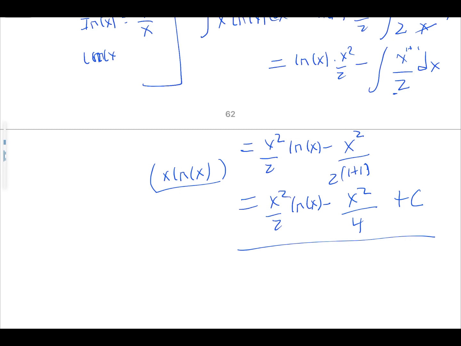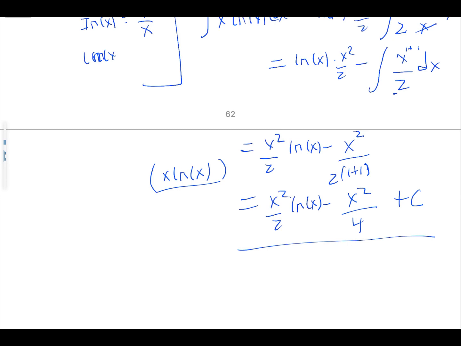I hope you now have a clear understanding of how to choose your u and your dv, and how to go about solving some integration by parts questions. Let's also look at another one over here.